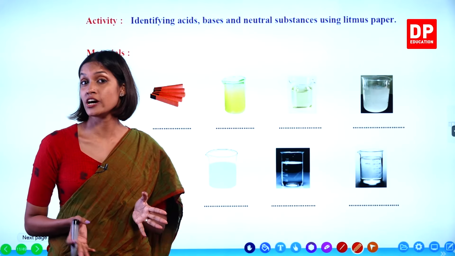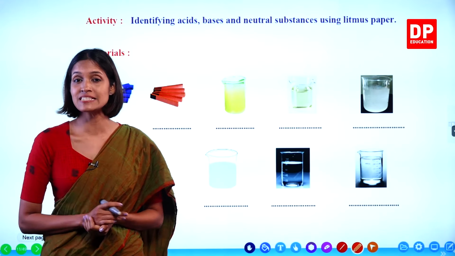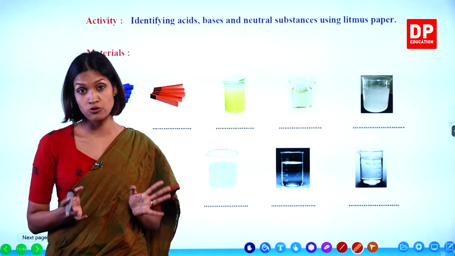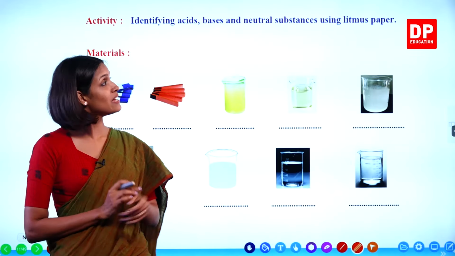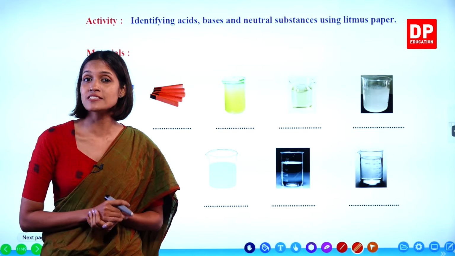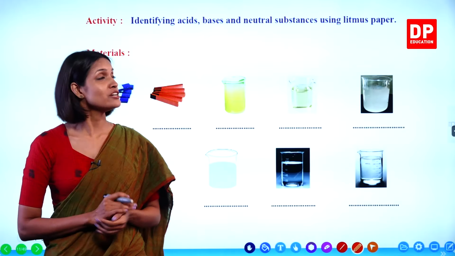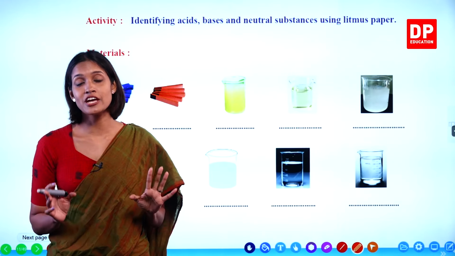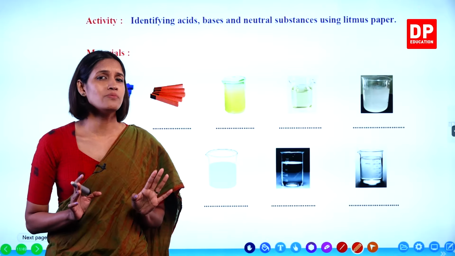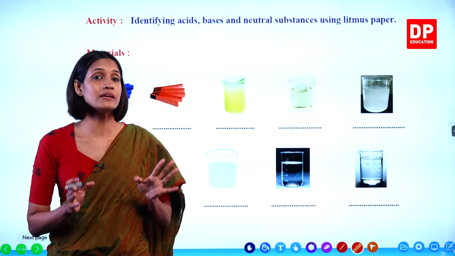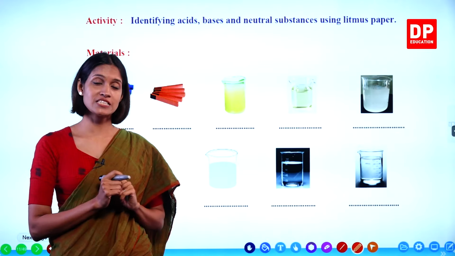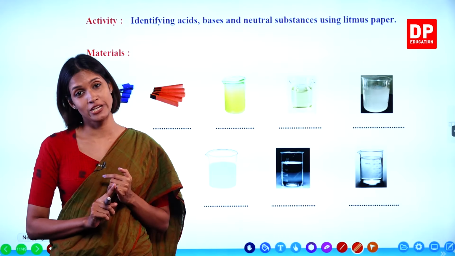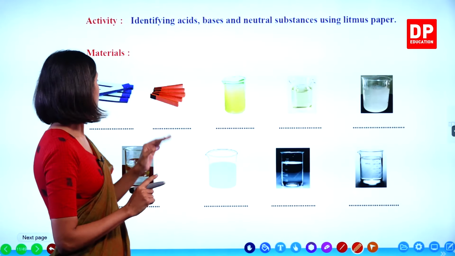I told you there are two different types of indicators, natural indicators, which we are going to learn about as well, and some other indicators that we can use in the lab. So litmus paper is a type of indicator that we can use in the lab. And remember, litmus paper comes in two colors, that is red litmus and blue litmus.